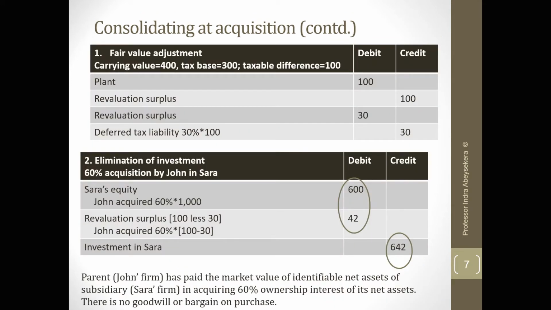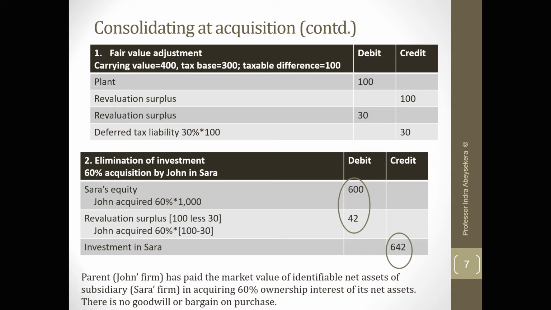So that we are given additional information about the plant, our first step is to do the fair value adjustment. We know that the carrying value is now increased to 400, tax base was 300, taxable difference is 100.